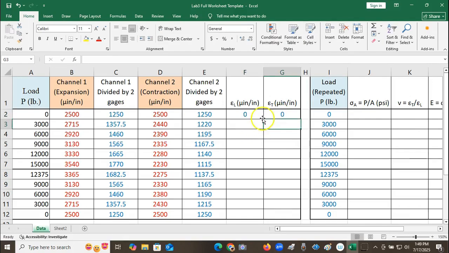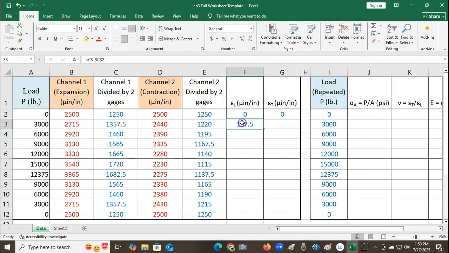So those are going to be zeros. But for column F3, this is equal to the reading in column C, row 3, and then I have to subtract off what the initial reading is. And now I'm going to keep using this formula, so I have to put dollar signs around this, because when I copy this formula, I have to keep referring back to C2.